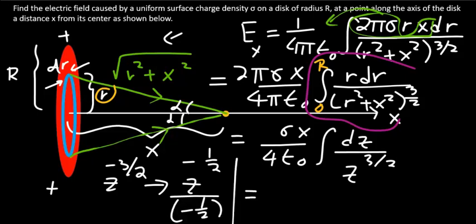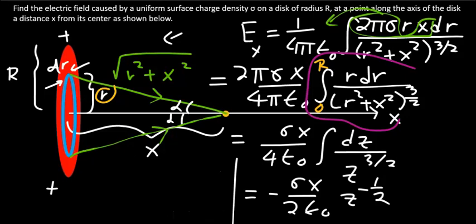So that means this integral becomes minus sigma x over 2 epsilon naught z to the power minus 1 over 2. Remember, what was z? z was r squared plus x squared. Now let's substitute the expression for z here.